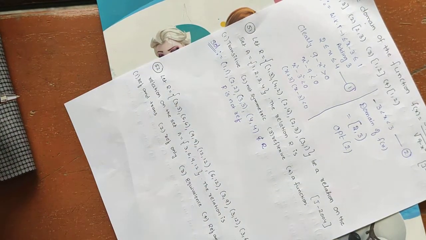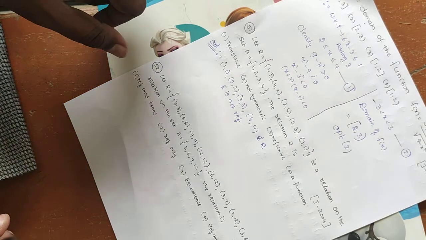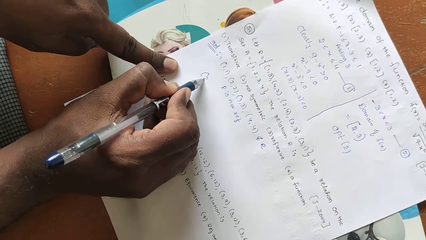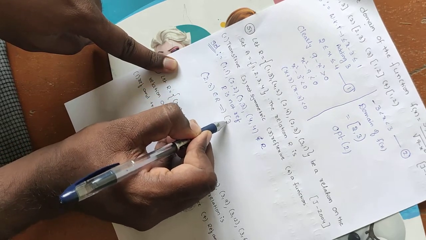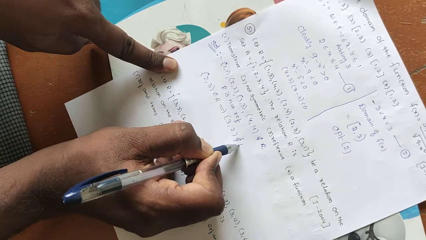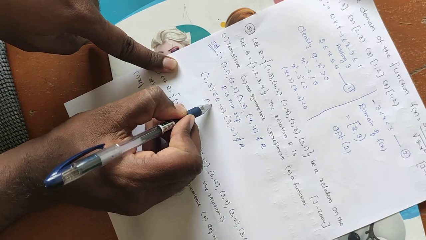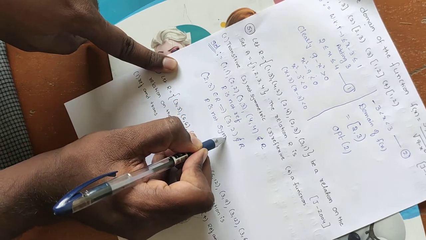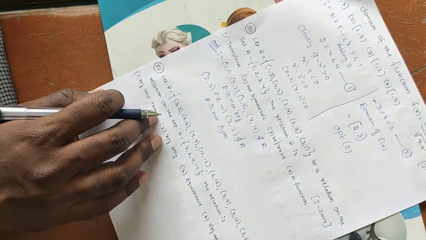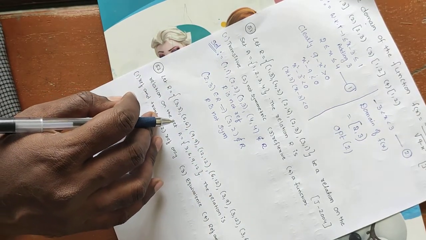R is not reflexive. Next, (2,3) belongs to R, that implies (3,2) does not belong to R, then R is not symmetric.